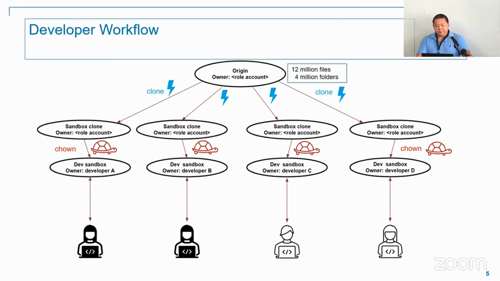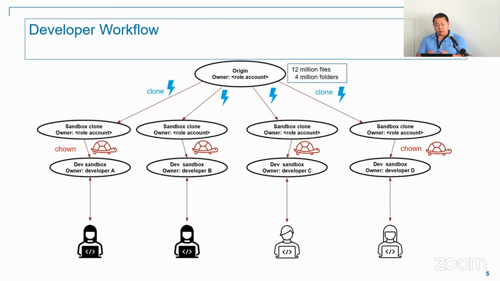This one has 12 million files, 4 million folders, and for each developer, we clone from this origin. Each developer gets a clone sandbox. And then after that, we have to change the ownership to the developer from the root account to the developer.